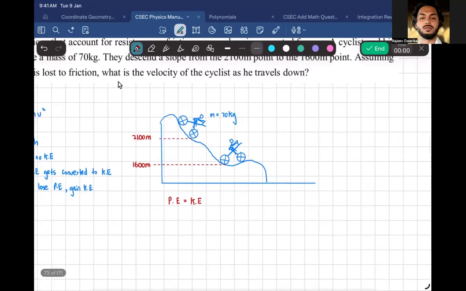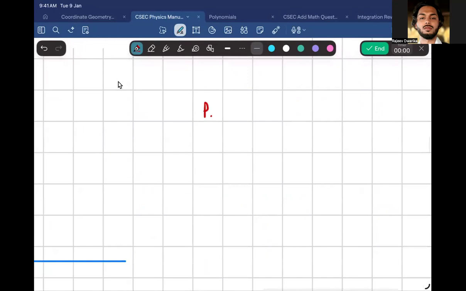Guys, I need you all to understand that potential energy means the same thing as GPE, literally for all intents and purposes. Potential energy and gravitational potential energy mean the same thing. The whole reason potential energy exists is because of gravity.